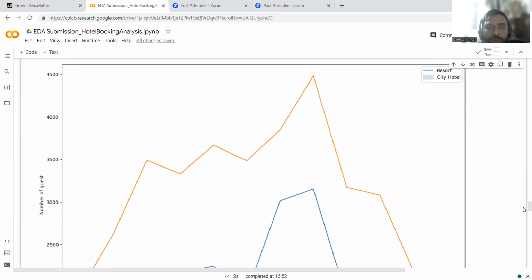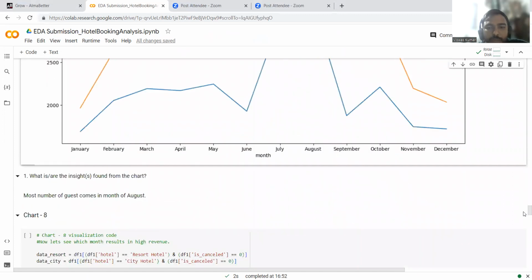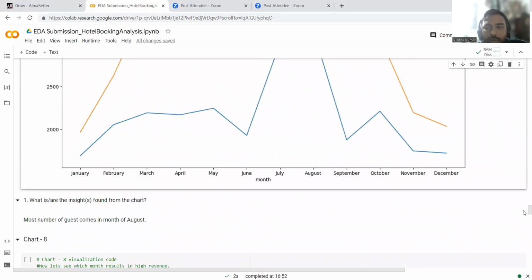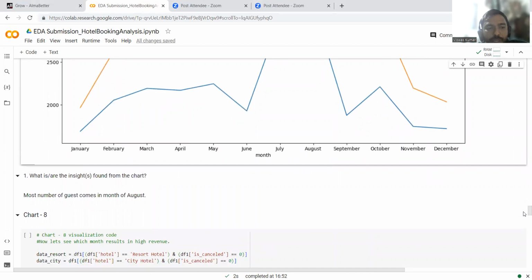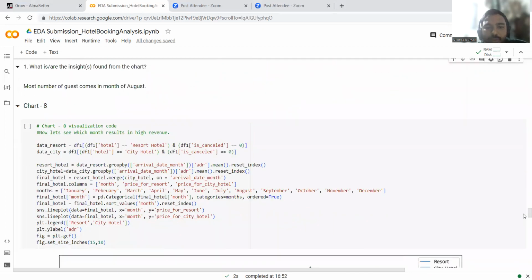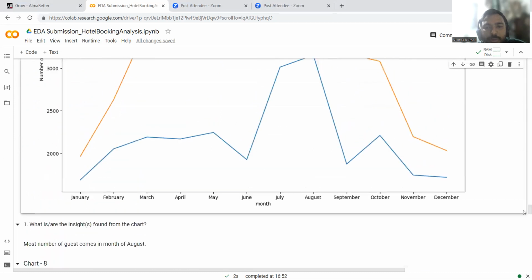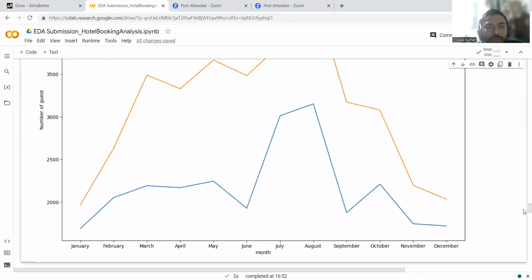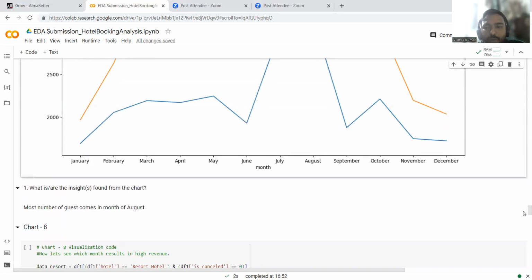So we can conclude that in August and July, customers are more likely to come to the hotel. So we have to make preparations for the whole of July and August so that more customers arrive and our revenue grows.